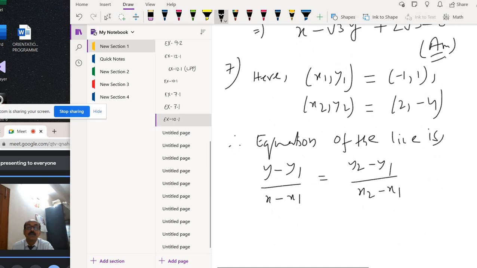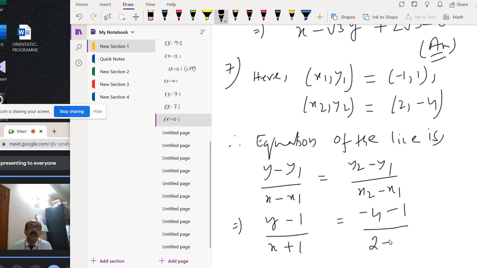Then y minus y1 means y minus 1, and x minus x1 means x minus minus 1, that is x plus 1, equal to y2 minus y1, that is minus 4 minus 1, by x2 minus x1, that is 2 minus minus 1, so plus 1.